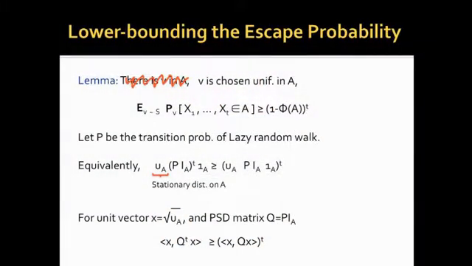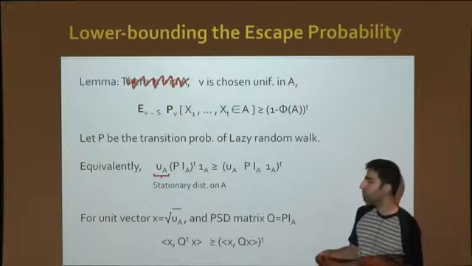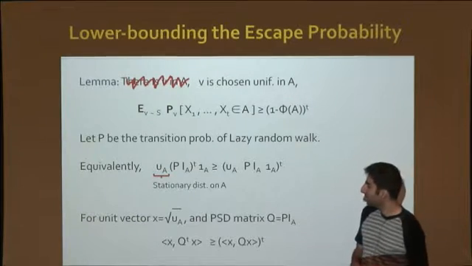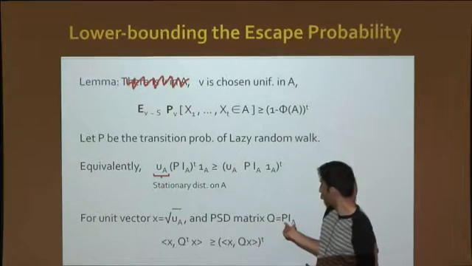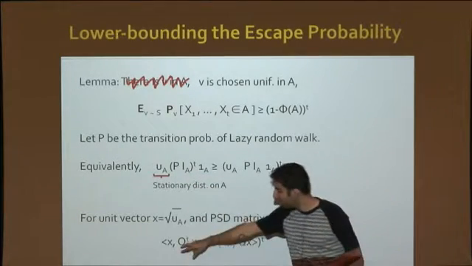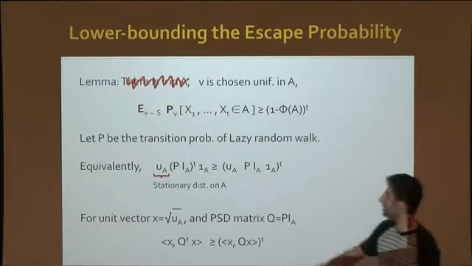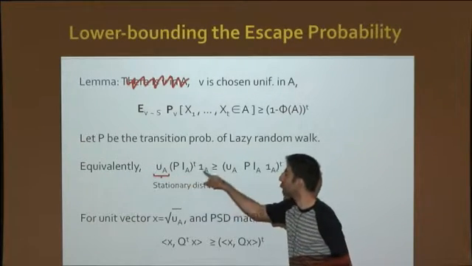I can even reduce it more. Let x be the square root of this uniform distribution, and define this P times I of A to be a matrix Q. Then the left-hand side is just x transpose Q to the t times x. I can write this as square root of x, square root of x.